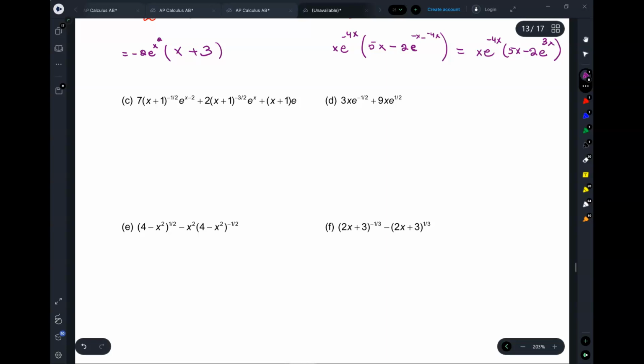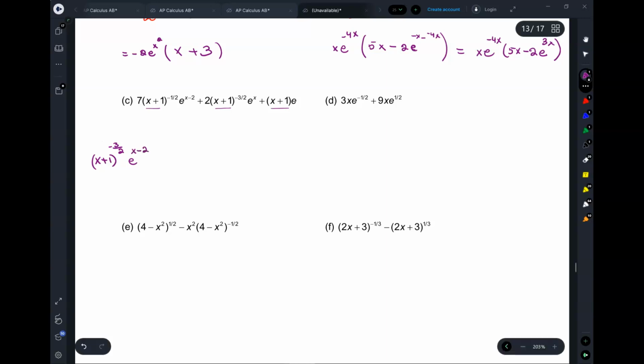So what do I factor out from here? I have some x plus 1s to the power of what? Which one do I take out? X plus 1 to the power of negative 3 over 2 times e to the x minus 2, right?